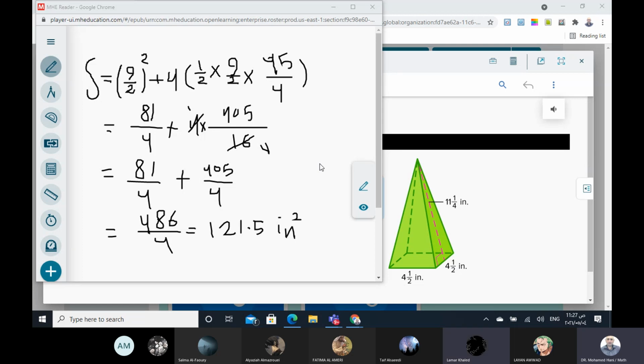Who has any question here? If you have a prism or a pyramid, always when you want to find the surface area of the figure, find the area of each face, then add all areas of the faces, and you will get the surface area of this figure. Okay?